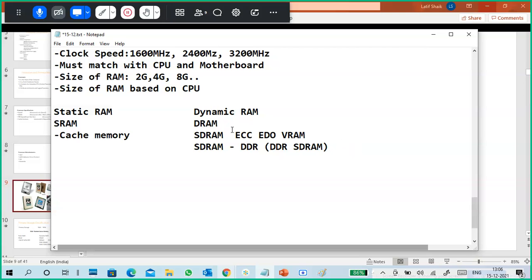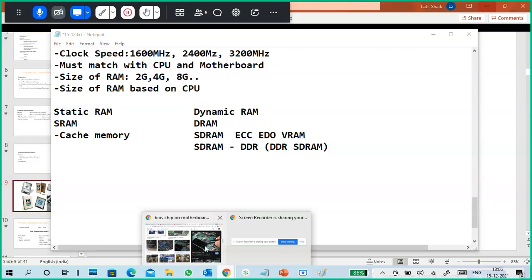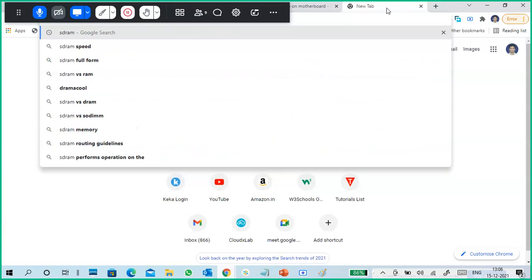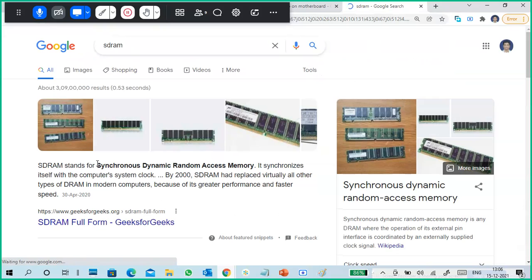What happened to me? Double data rate. So an easy way is Google. What is SDRAM?